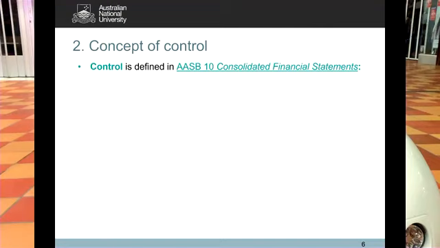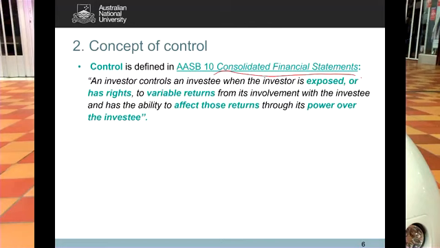Control is defined in another standard, which is specifically for consolidated financial statements. An investor controls an investee when the investor is exposed or has rights to variable returns from its involvement with the investee and has the ability to affect those returns through its power over the investee.